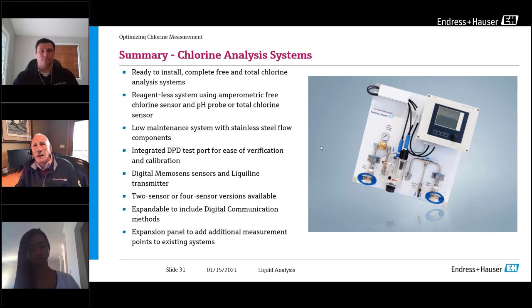Now, what you have to ask yourself is, what is supplier 2 interested in? Are they interested in knowing what the total chlorine is of that water?